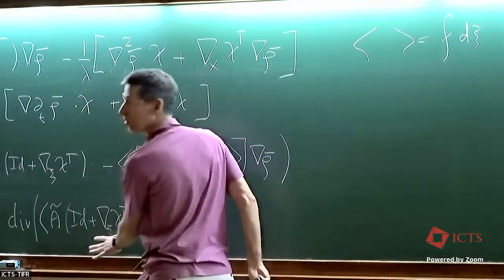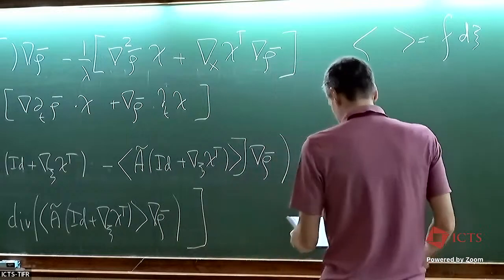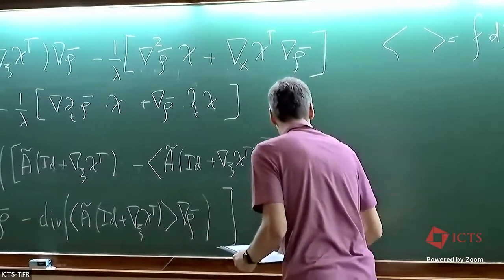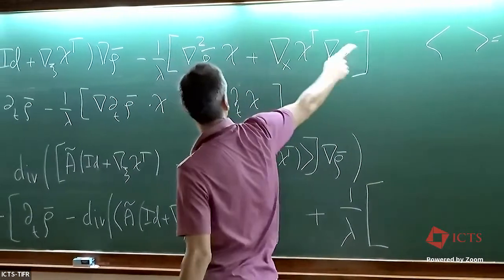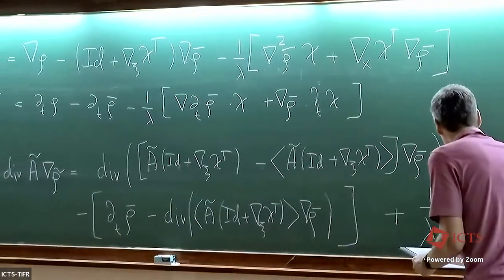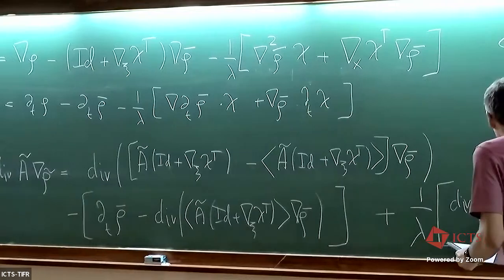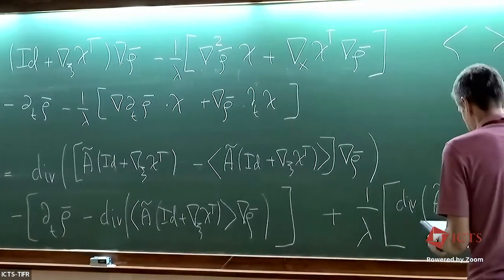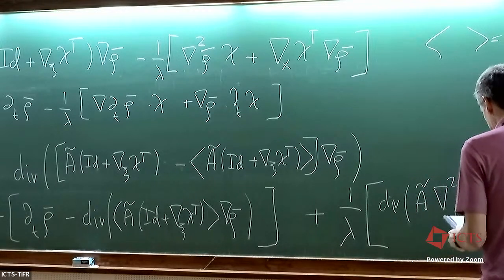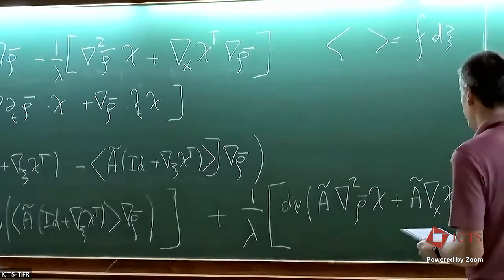There's no more fast dependence, no more psi dependence. And then there are some additional terms of the type 1 over lambda. All these things that are here in the brackets, and there's lots of them, like divergence of A tilde, second derivative of rho bar times chi, plus A tilde, one derivative of chi in the slow variable times one derivative of rho bar.